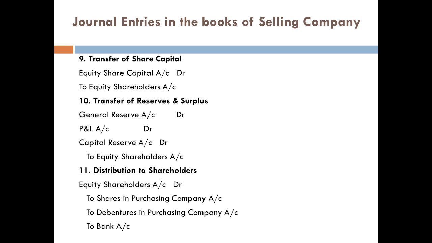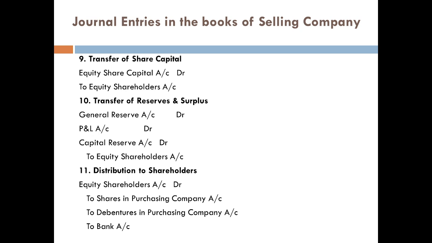The general reserve, the P&L and the capital reserve or whatever reserve it may be will appear on the balance sheet liability side, which will normally have a credit balance. Now we are closing the account. So what we do, we put it on the debit side, general reserve account debtor, P&L account debtor, then capital reserve account debtor. To whom are we transferring it? We are transferring it to the equity shareholders.